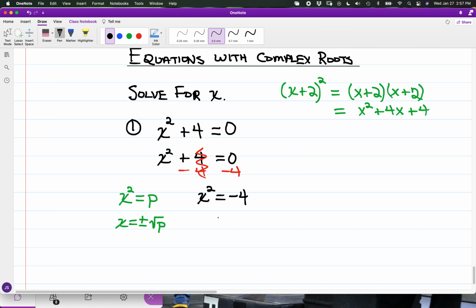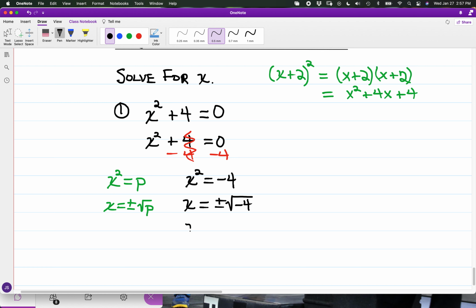So for x squared equal to negative 4, going from x squared to x, we have x is equal to plus or minus the square root of negative 4. And while the square root of 4 is 2, that of negative 4 is going to be 2i. So for x, we're going to have additive inverse complex roots, plus and minus 2i.